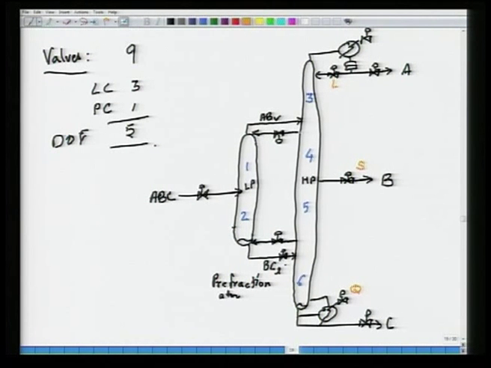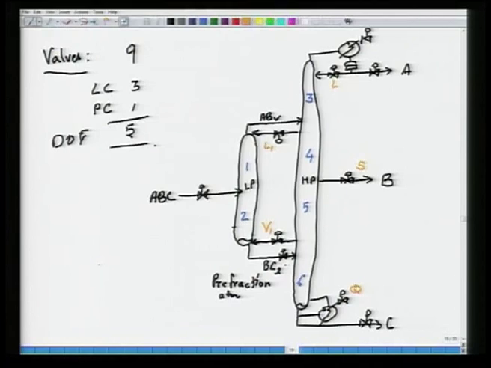The flow rate of the liquid being fed to the pre-fractionator, and similarly the vapor being fed to the pre-fractionator. So, what do we call it? I do not know, liquid 1. So, the liquid being fed to the pre-fractionator and the vapor being fed to the pre-fractionator.